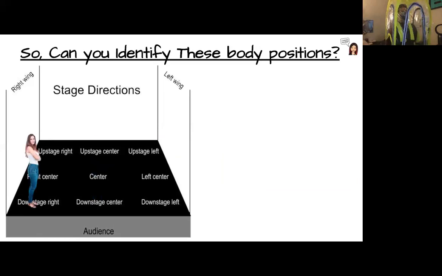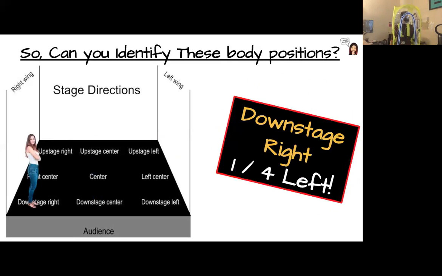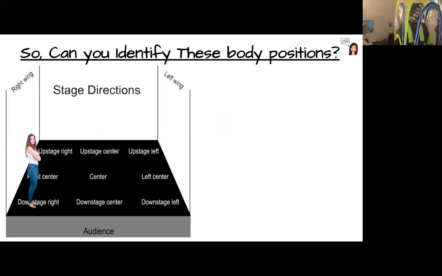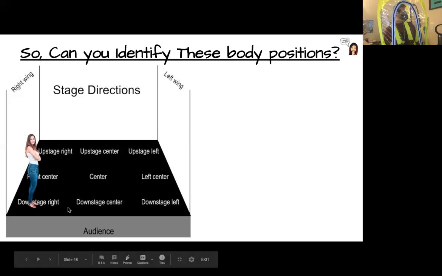How about now? This actress is standing in the downstage right area on the stage, but she is facing one of the diagonal body positions. Look to see if she's facing the left wing or the right wing, and then figure out if she's 1/4 or 3/4.